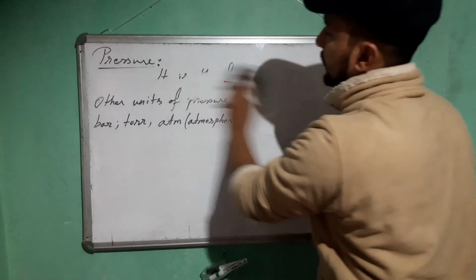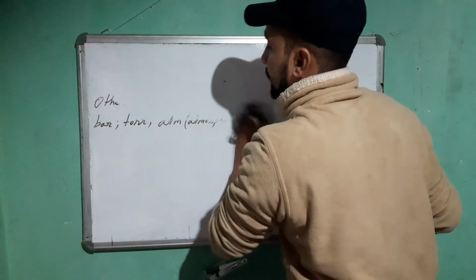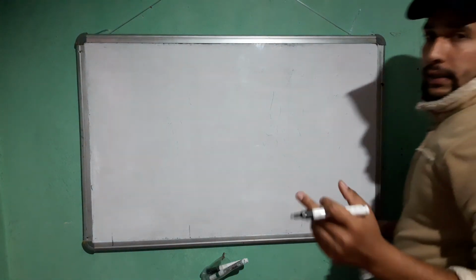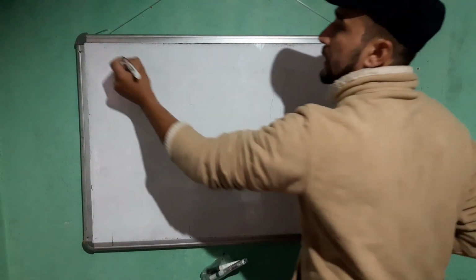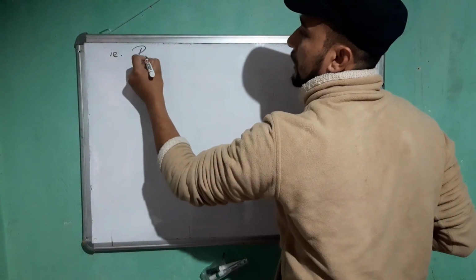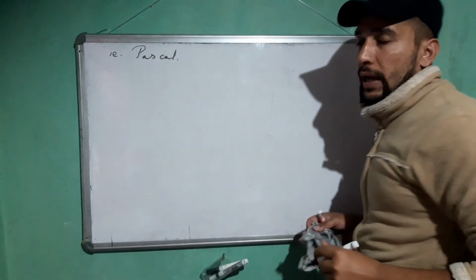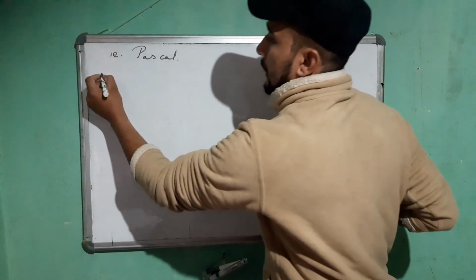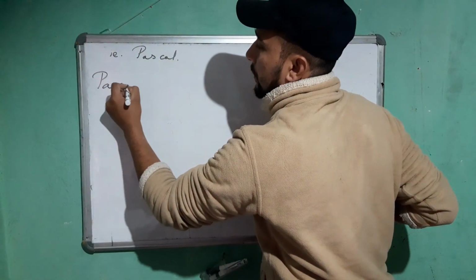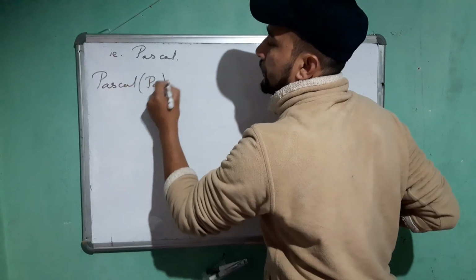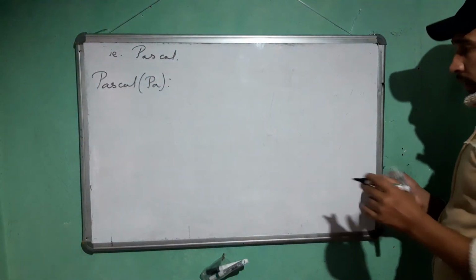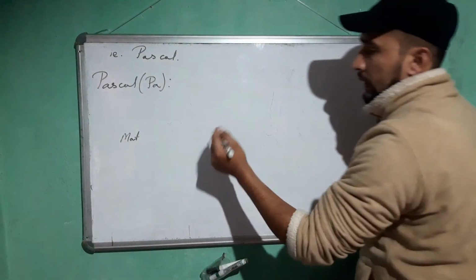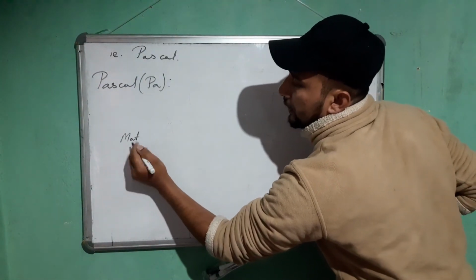Now next question, you write it. Define the SI unit of pressure, that is Pascal. So the definition of Pascal, symbol Pa. See, I'll give the definition from here.